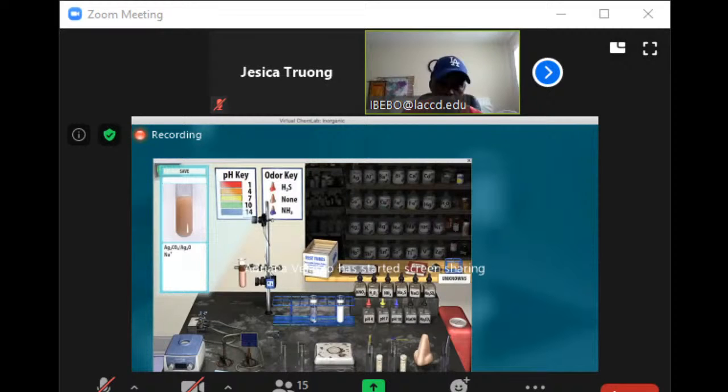Okay, so what does CO3 stand for? Carbonate. So sodium carbonate. So you add the sodium carbonate. Yeah, so I click here, and that's what got me the light brown precipitate.